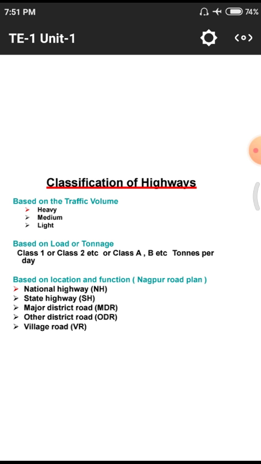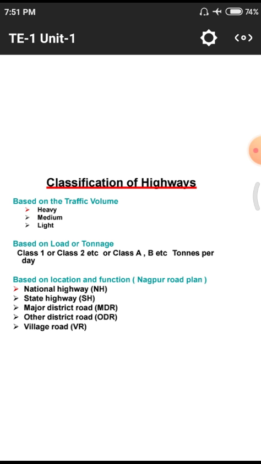You need to remember that. Next one, based upon the load and tonnage. Load and tonnage are two similar terms. For vehicles like tractors and other carriage vehicles, their capacity is calculated in terms of tons.